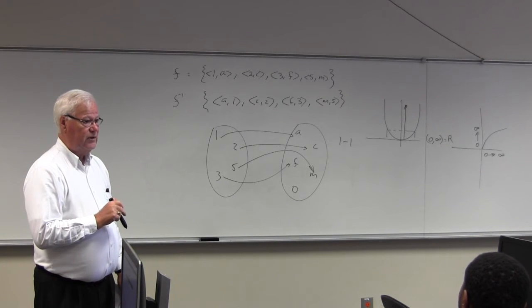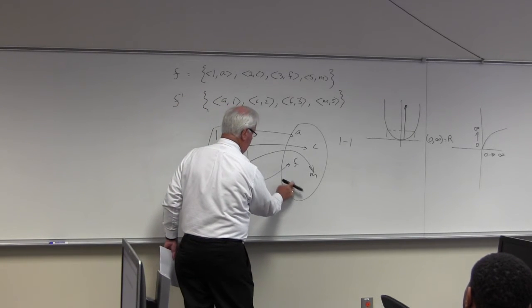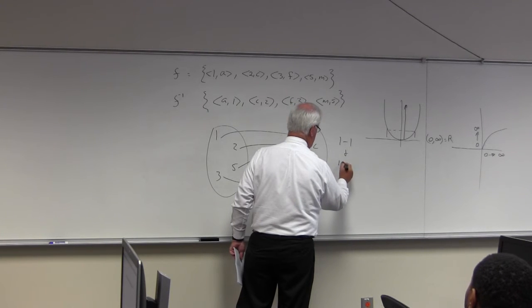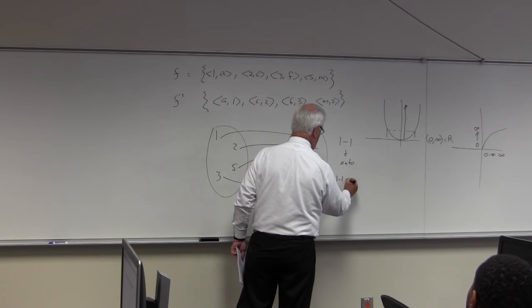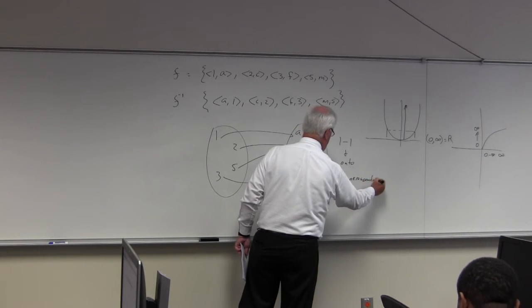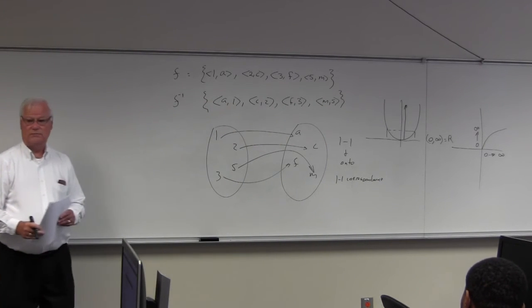Okay? So therefore, it must be not only one-to-one, it must be onto, which is one-to-one correspondence. Okay? Does that make sense to everybody?